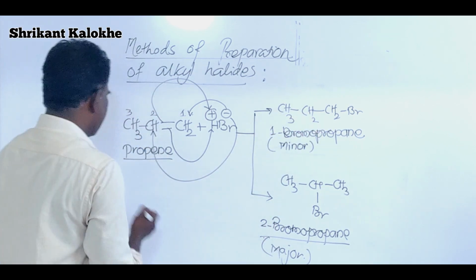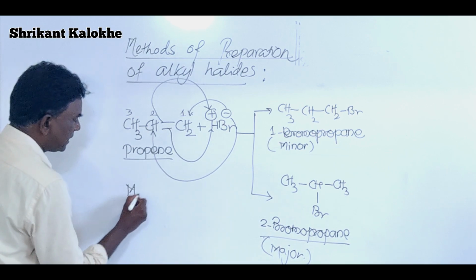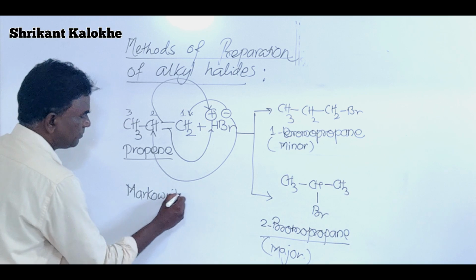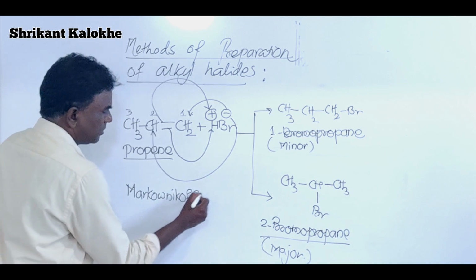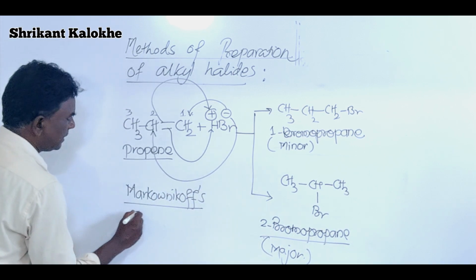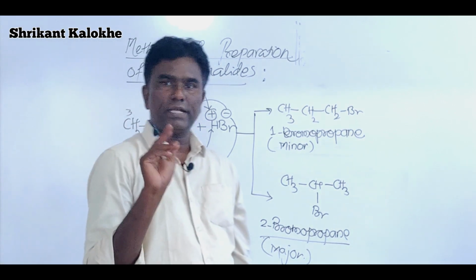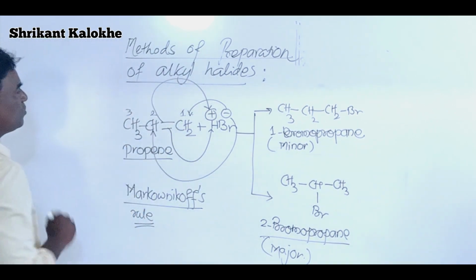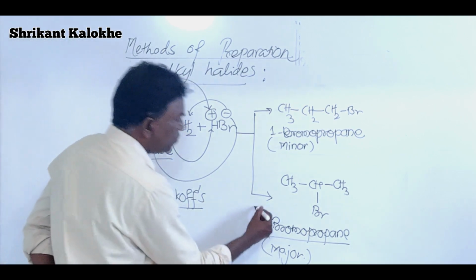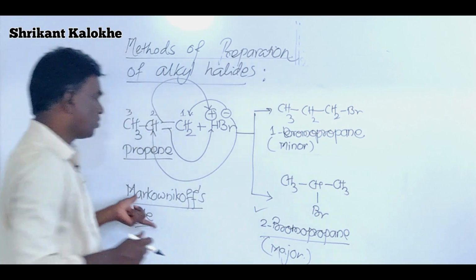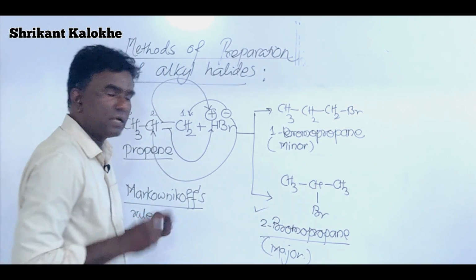This has been explained by one rule, and that rule is Markovnikov's rule. You have studied this reaction in 11th standard, therefore it has not been mentioned in your textbook. So according to Markovnikov's rule, 2-bromopropane is the major product. What does Markovnikov's rule say? That is very important.